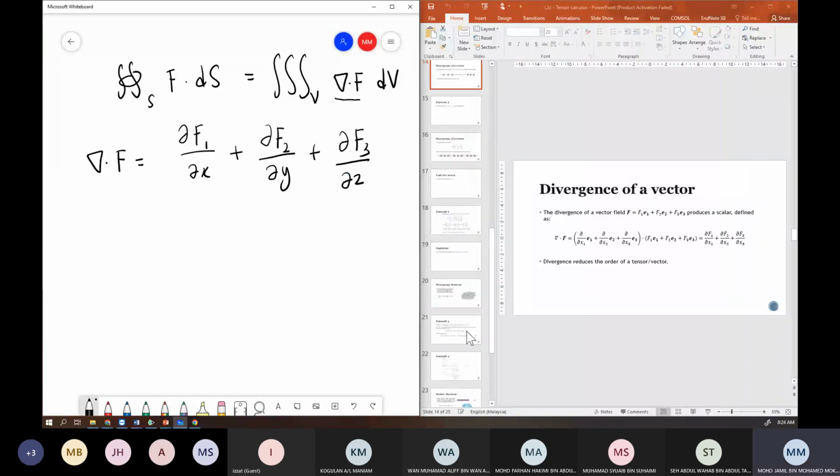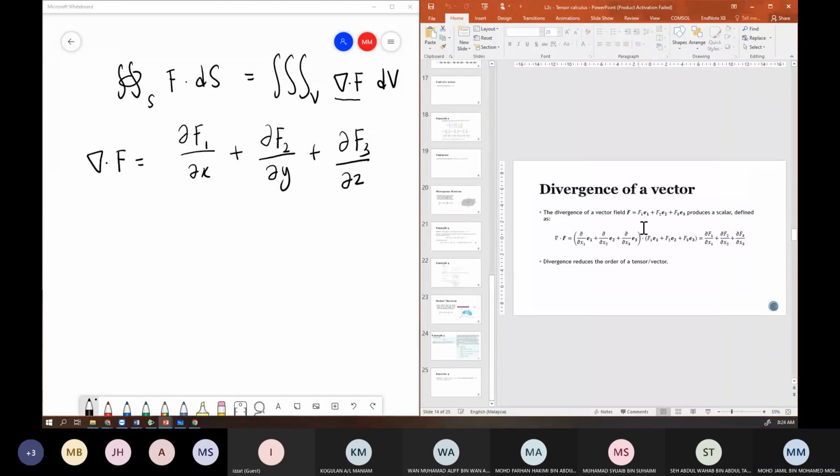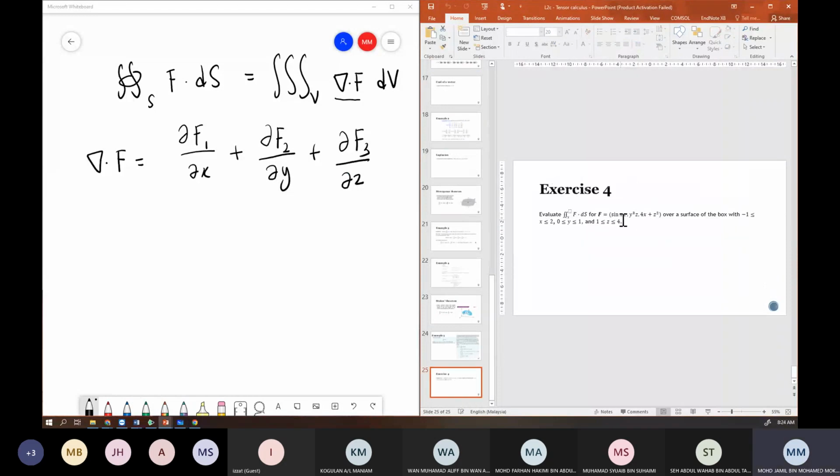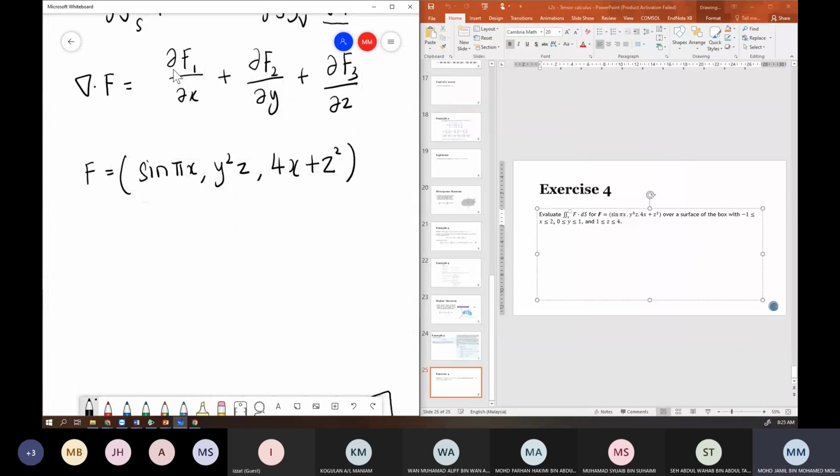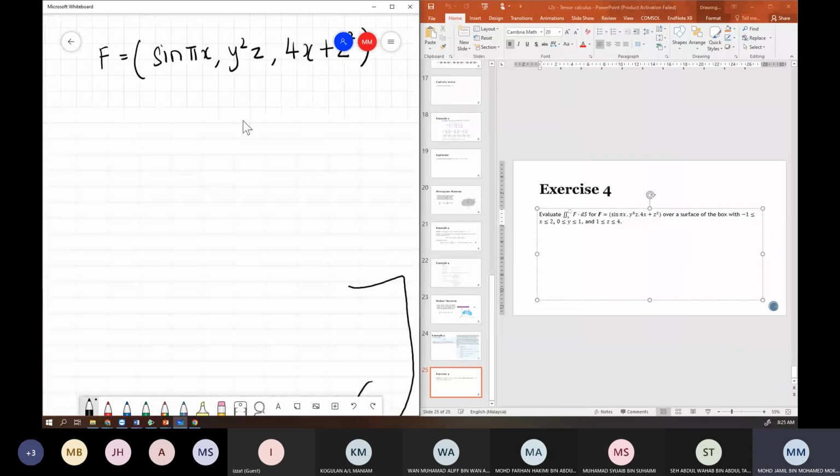Okay, so let's look at what your F is. F is this vector. So let's differentiate each of these.